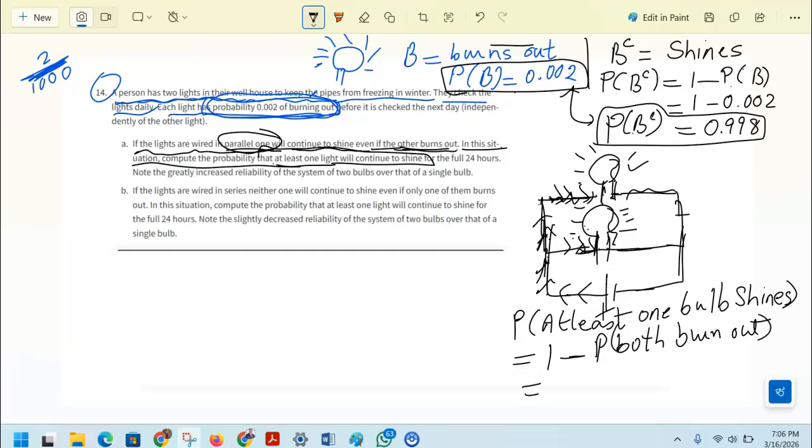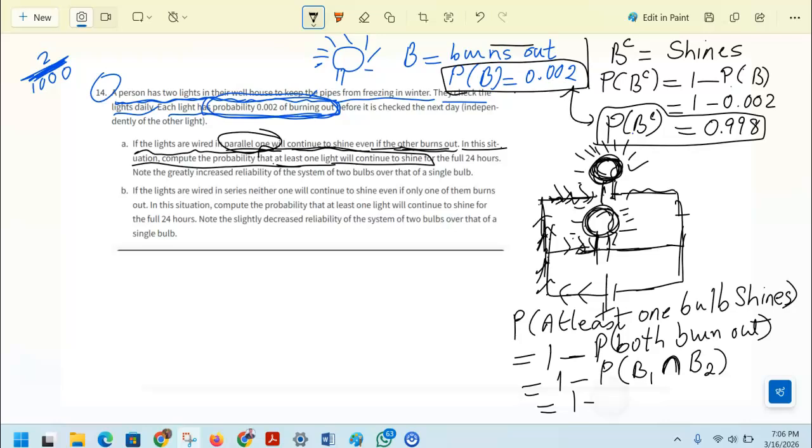Now I can write it in mathematical form: 1 minus the probability that the first bulb burns out and the second one also burns out. Because they are independent, the probability of one does not affect the probability of the second.